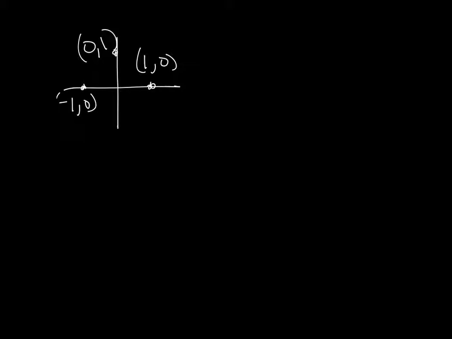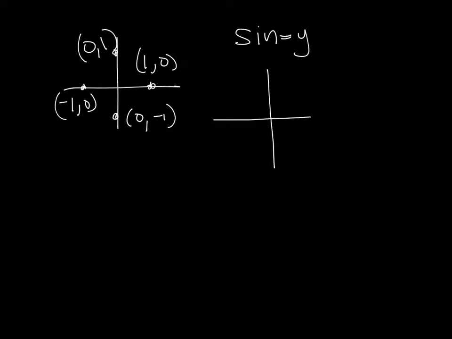So, if we have those points (1, 0), (0, 1), (-1, 0), and (0, -1), and sine is the y, we would create the following picture if we draw it in a straight line.